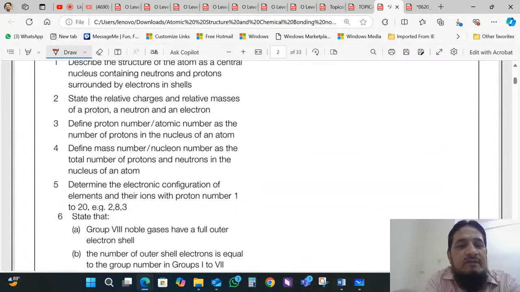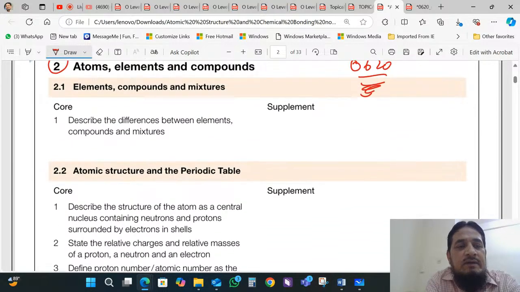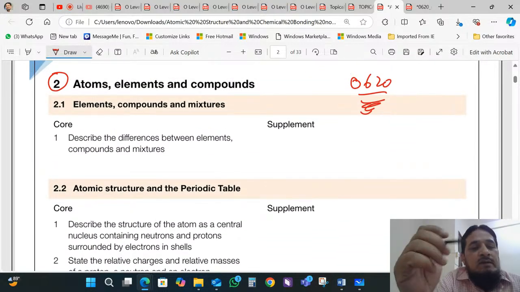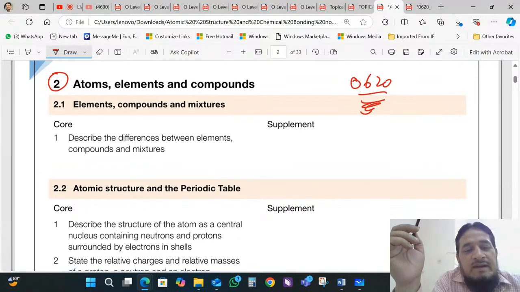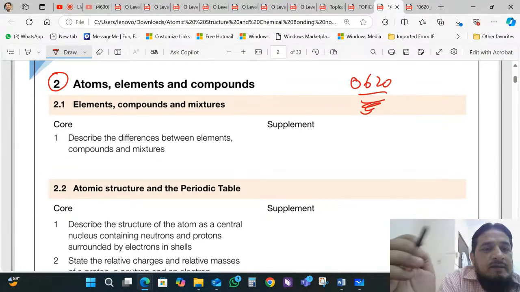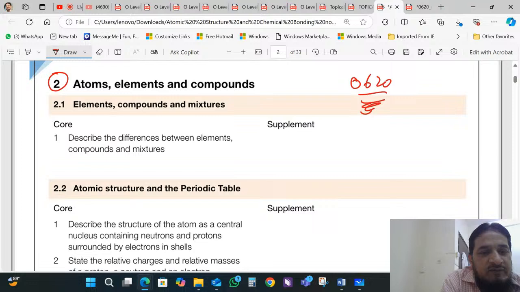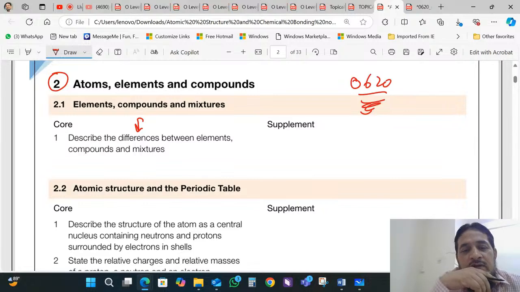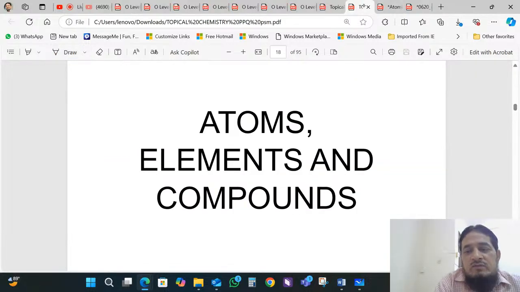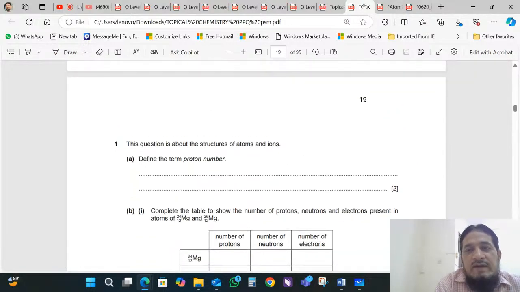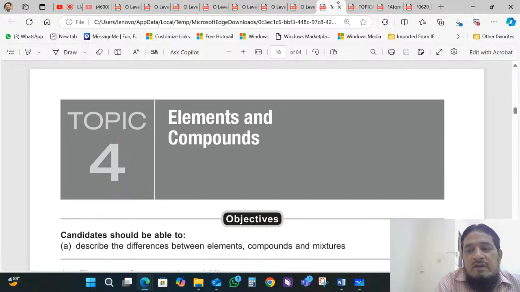So first of all, this unit is about elements, compounds and mixtures. You just need to write the differences between what is an element, what is a compound, and what is a mixture. For this, I would like to show you some simplified notes.